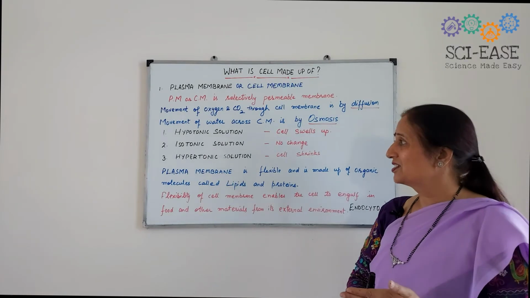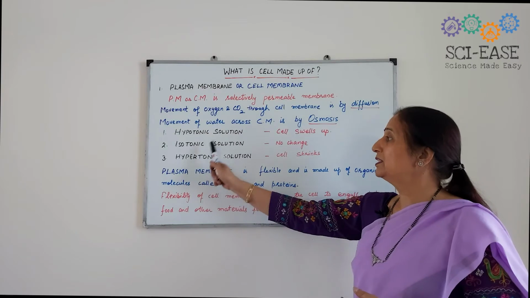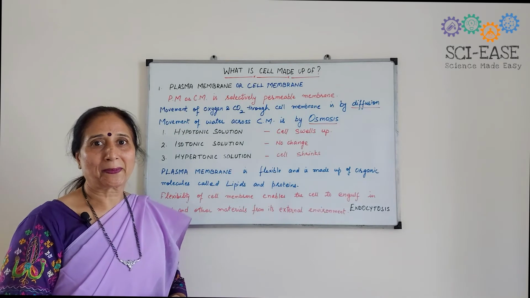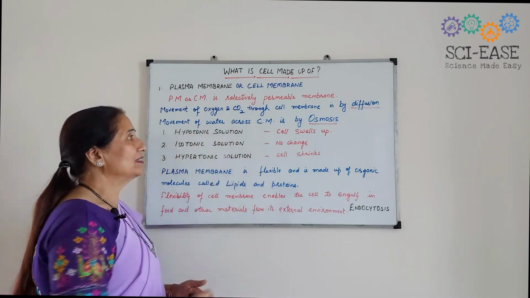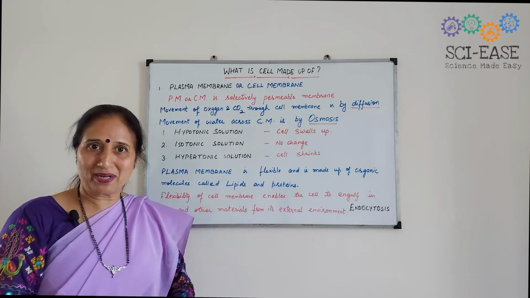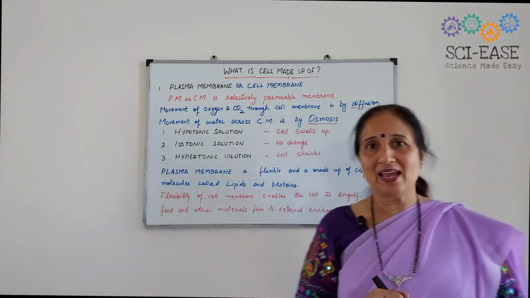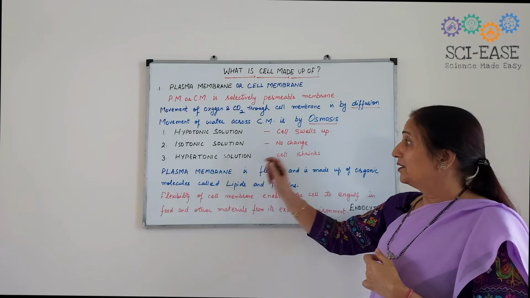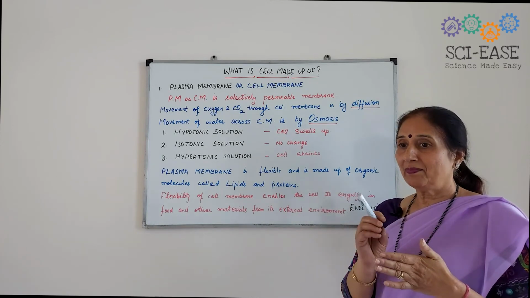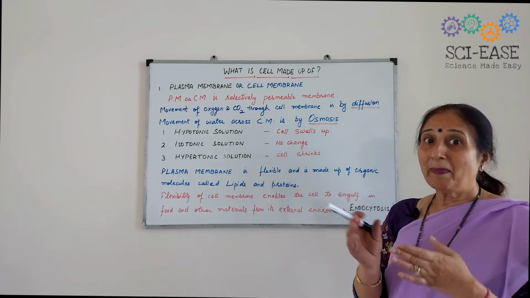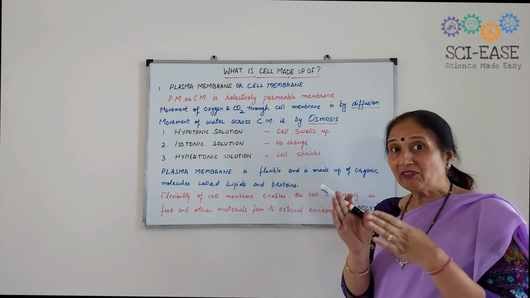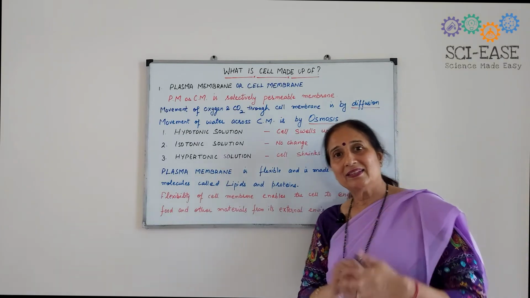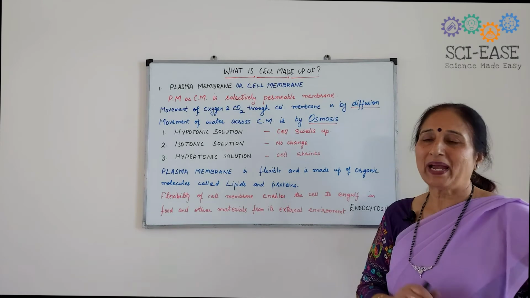Here the cell shrinks. You can take the case of raisins, which swell up when we dip them in water and keep them overnight. And when we make mango pickle, the pieces of mango shrink. That is due to the hypertonic solution.